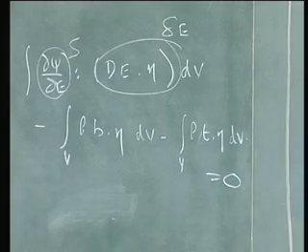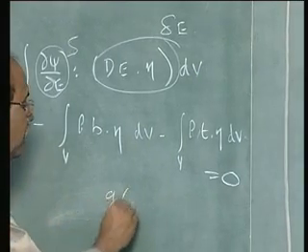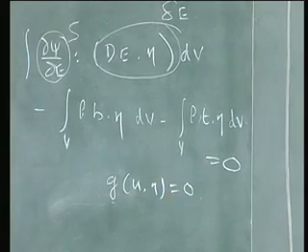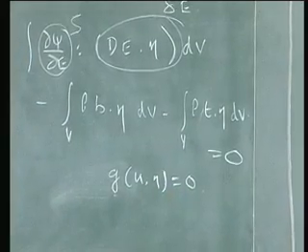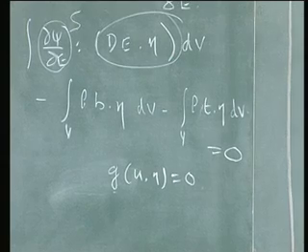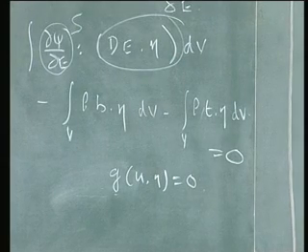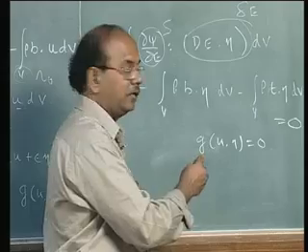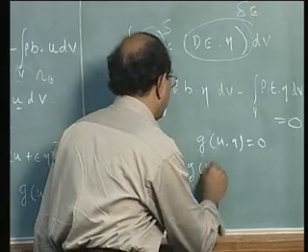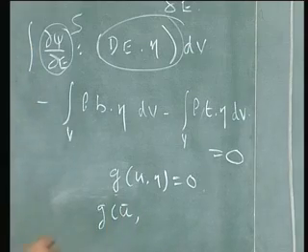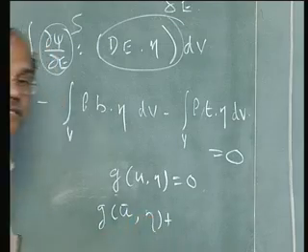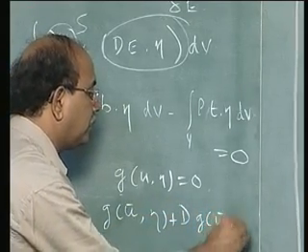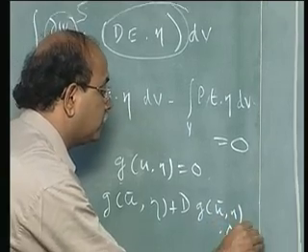So if I now write g of u comma η is equal to 0, that is the virtual work principle written like that, then I develop a Newton-Raphson scheme from here and write that as g of ū comma η plus dg of ū comma η·Δu is equal to 0.